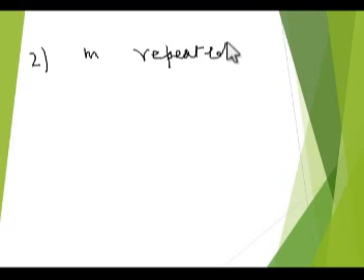Second condition, it may be that m can be repeated. The factors are occurring more than one time. What will be the complementary function?